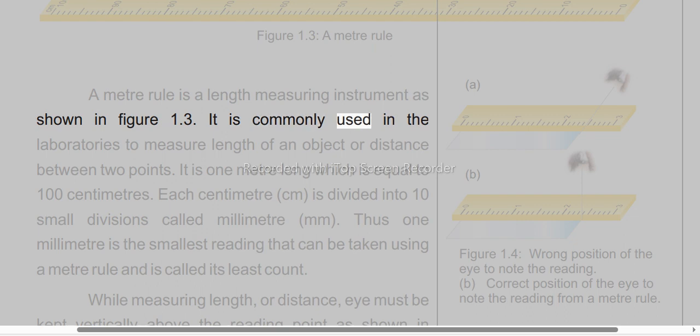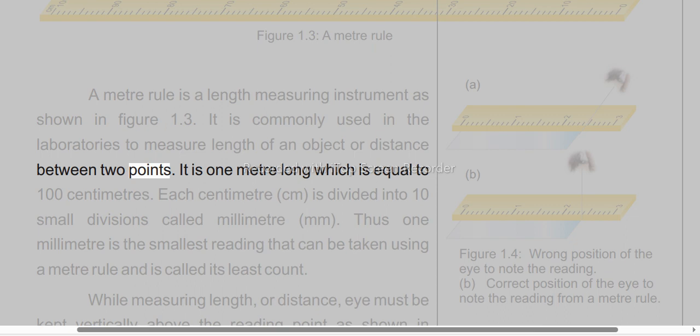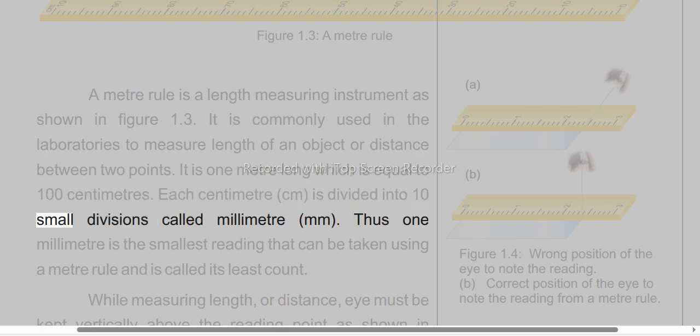It is commonly used in the laboratories to measure length of an object or distance between 2 points. It is 1 meter long, which is equal to 100 centimeters. Each centimeter, cm, is divided into 10 small divisions called millimeters.